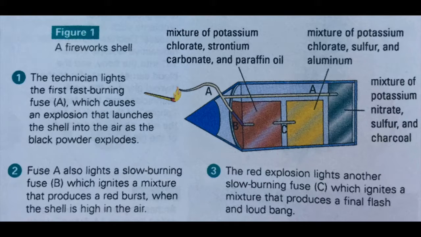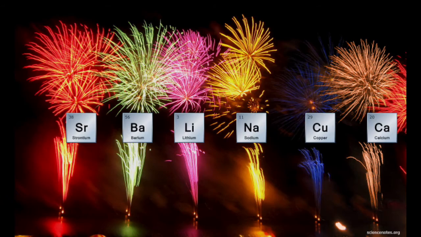The red explosion lights another slow-burning fuse C, which ignites a mixture that produces a final flash and loud bang. The first and most dangerous step is mixing the ingredients.